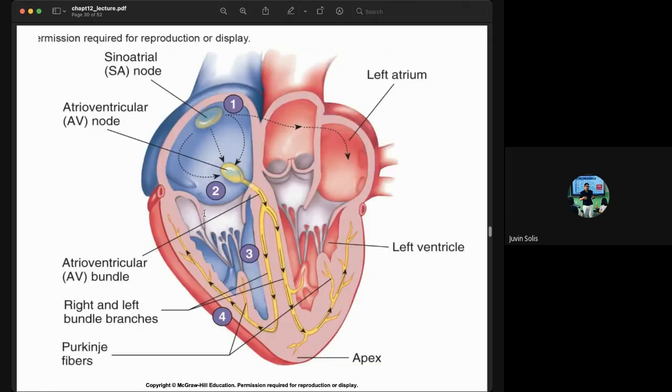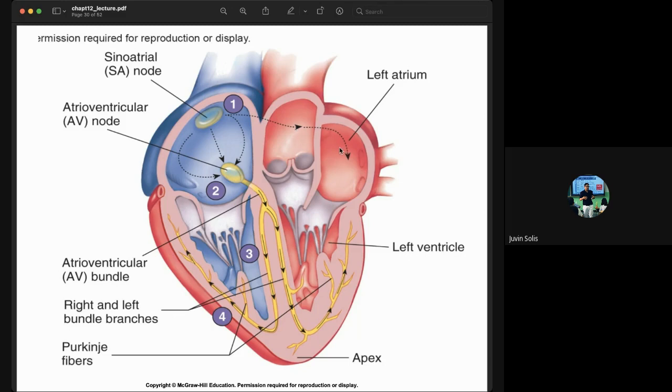So as you can see here on this diagram, sabi natin dito, nag-i-start yung action potential sa may AV. Tama ba? Ay, sa ating RA, sa ating right atrium. So what is happening here is that the action potential originates in the sinoatrial node, which is this one, and then it will travel across the wall of the atrium.